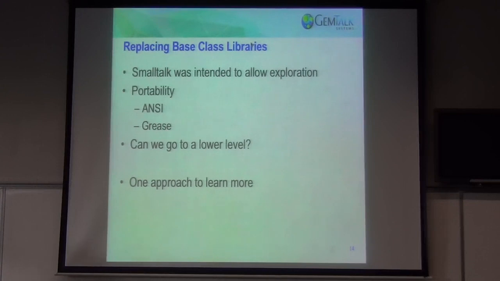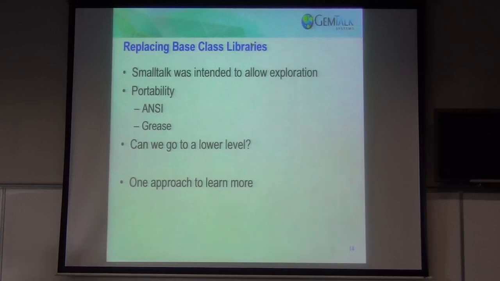We also would like to be able to run things from a different environment. So one approach to portability is taking something like ANSI Smalltalk. And if everything were ANSI at the bottom, then portability might be a little easier. We have a Grease layer that is particularly useful for Seaside and other things that build on it.